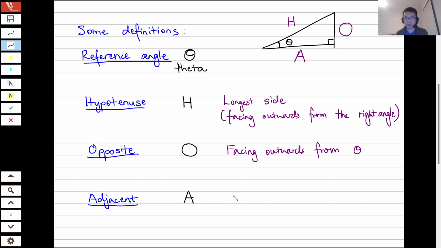And the adjacent side is the side touching theta. If I go back to this diagram, there are two sides that are touching the angle theta. One of them is the hypotenuse, and the one left over, which is not the hypotenuse, is the adjacent side. So it's the side touching theta which is not the hypotenuse.